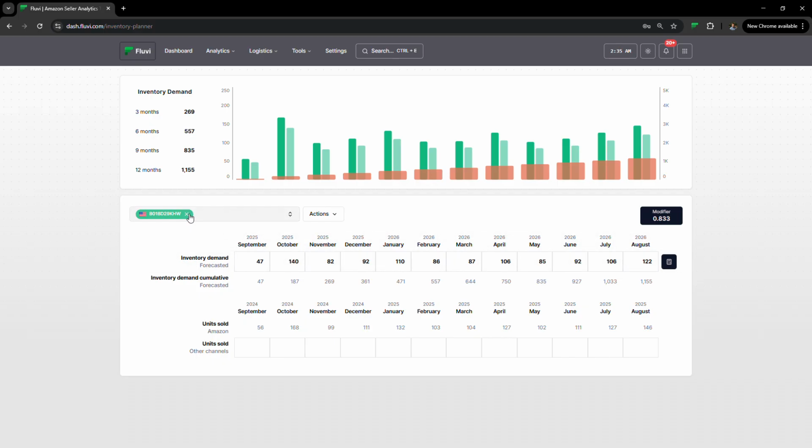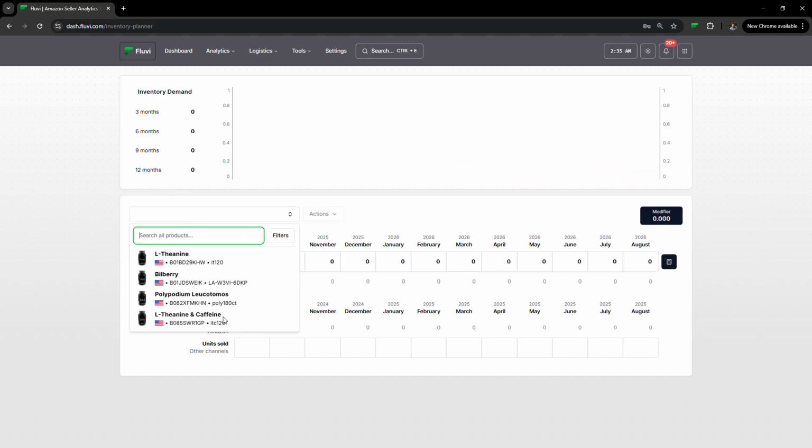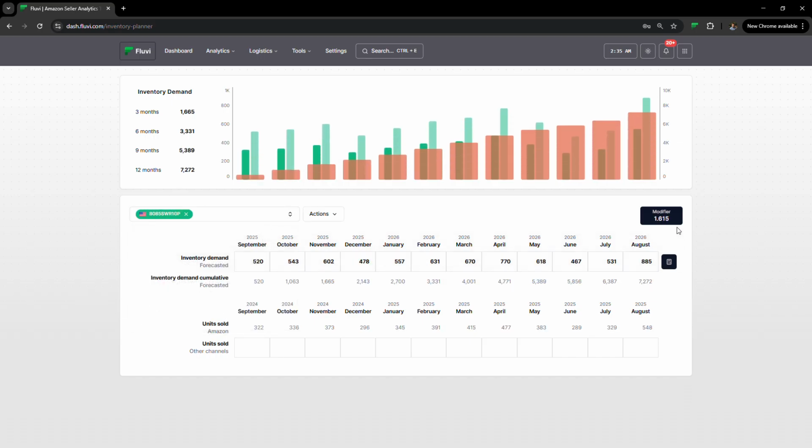Let's take another product as an example. If we select this one over here, we see that the growth modifier is well above 1. It's actually 1.615. This tells us that we have a positive trend. We're selling 61.5% more units the last 6 months than we did the same 6 months a year ago.